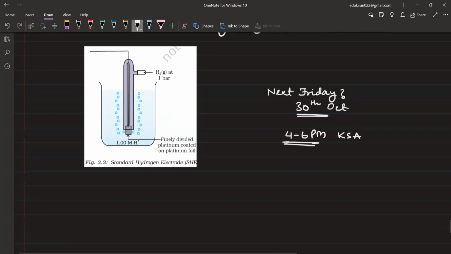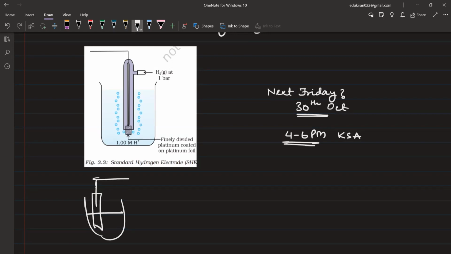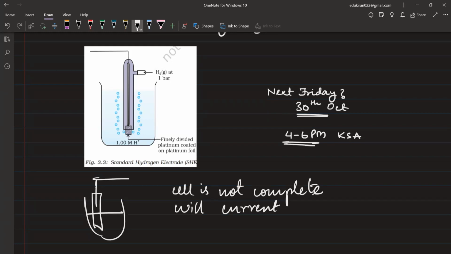And now you guys tell me, आपके पास एक सेल है इतना, ऐसे. This is a half cell, yes or no? Please tell me guys, Hanifa, Nawal and Rifat. Yes, sir. हाफ सेल है ये, that means the cell is not complete, correct? Yes, sir. Cell is not complete. So will electricity flow here? Will current flow?